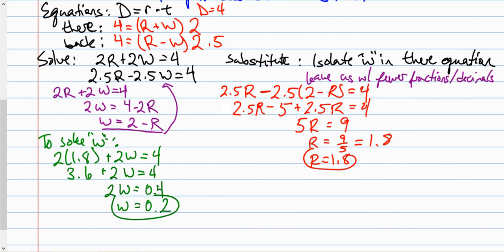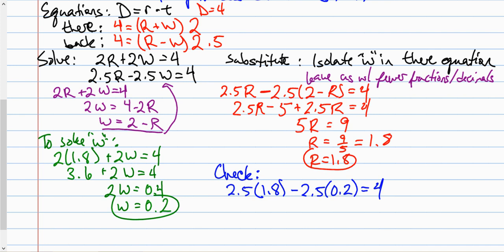So let's check in a different color than we've used. I will use my 2.5 equation to check because I just used my 2 equation to solve for W. 2.5 times 1.8 minus 2.5 times 0.2 should equal 4. Now, I can do a lot of checking in my head.